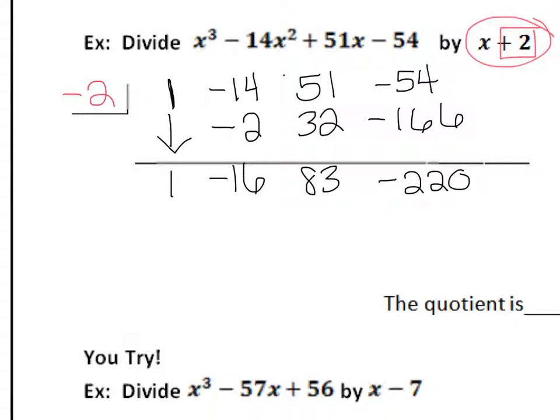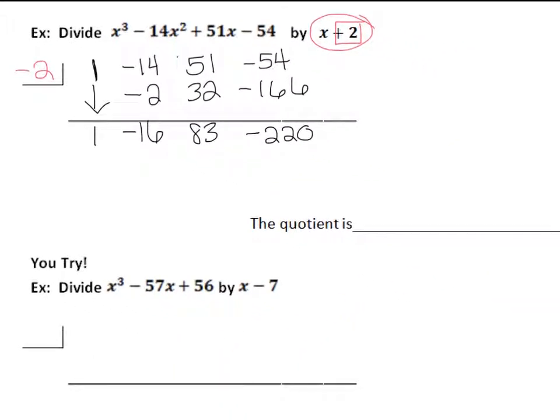So now we add the variables back in. We started with an x cubed, and remember we always start 1 less than that. So that would mean an x squared. So 1x squared.